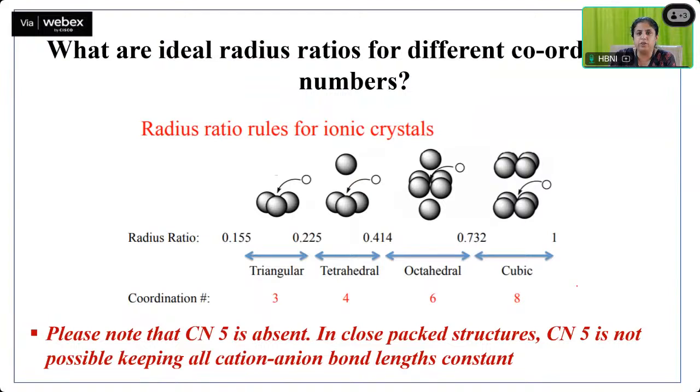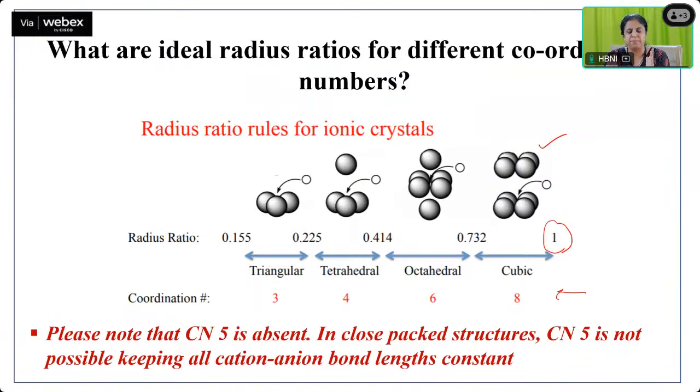When the radius ratio starts decreasing, the coordination number 12 reduces to 8 and you get cubic. When the ratio is closer to 1, the 8 anions will be touching the cation, but they will be far apart from each other.